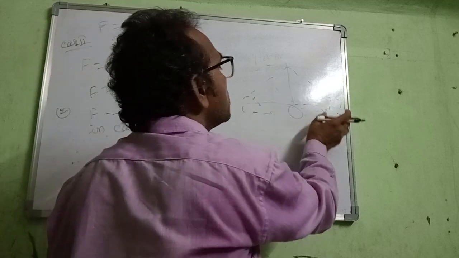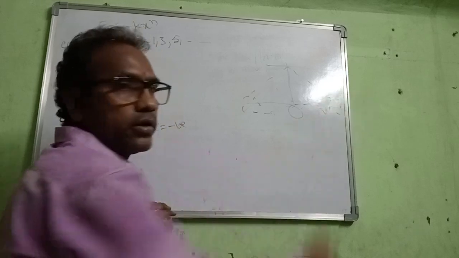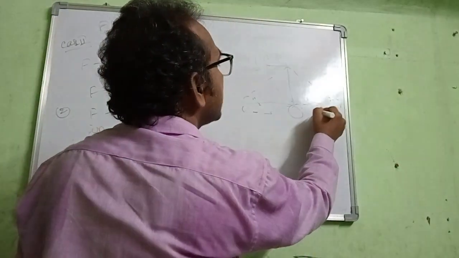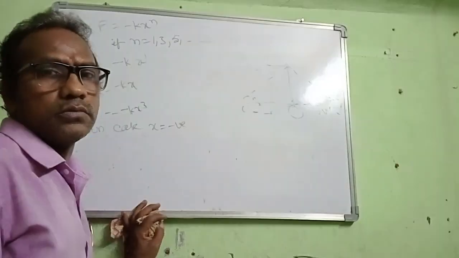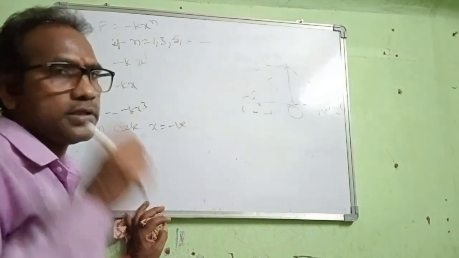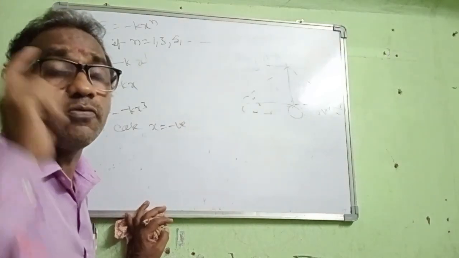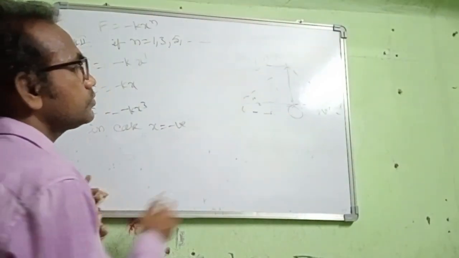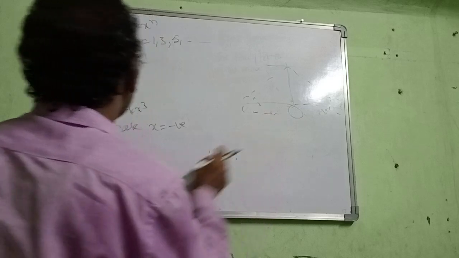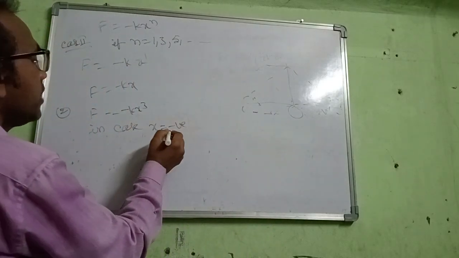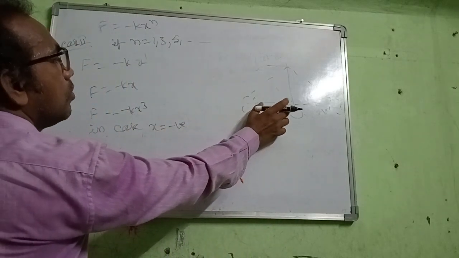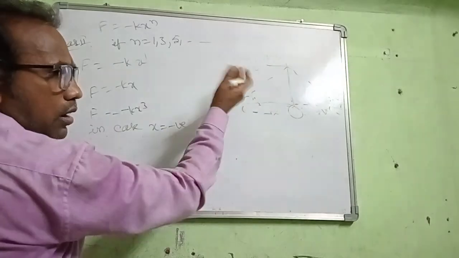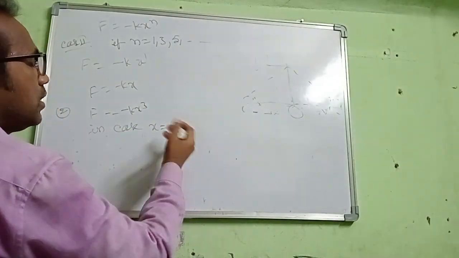X positive displacement means that side, the right side. So x may be negative or positive in case of oscillatory motion. Now in case x is negative, the oscillator is on the left side along x.